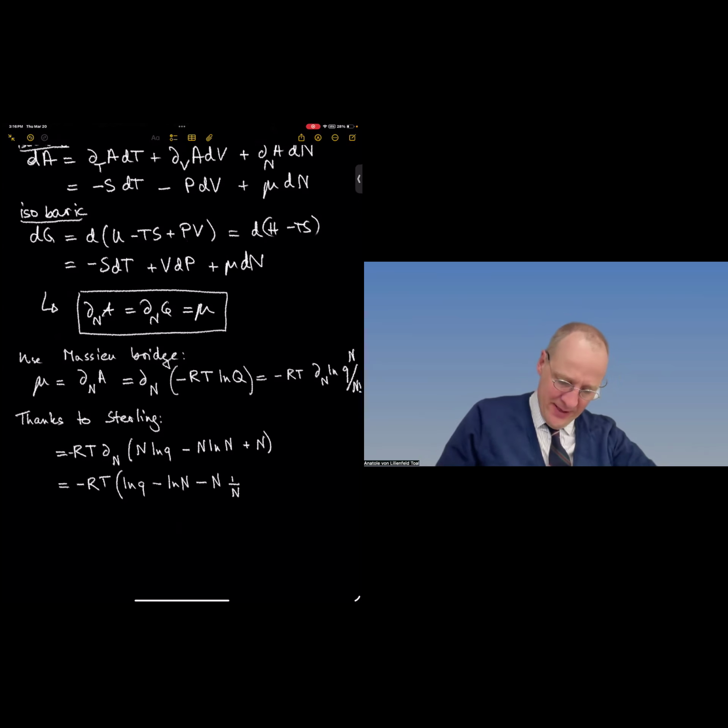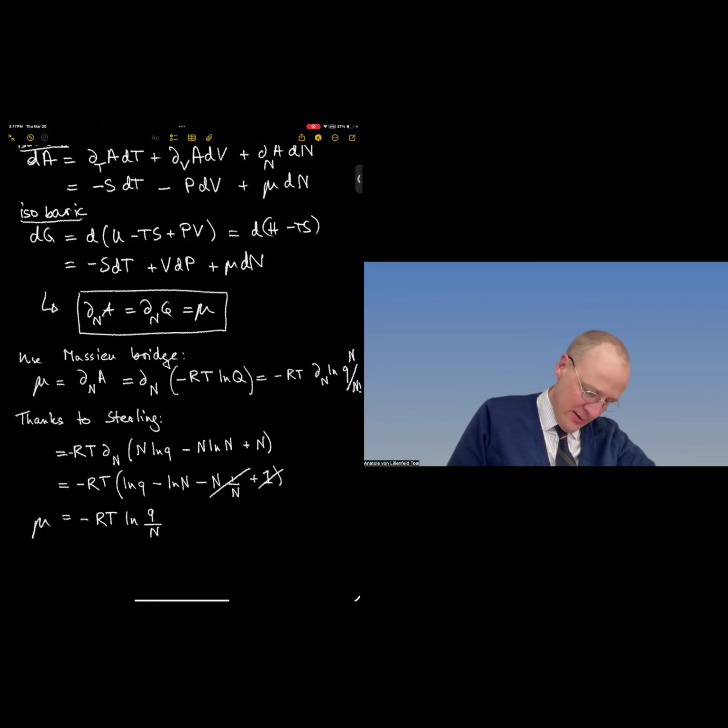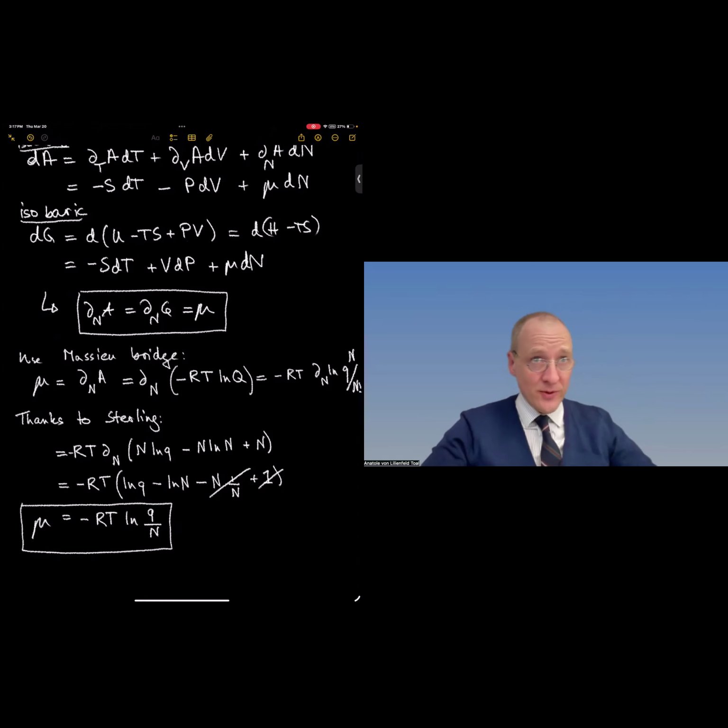And then at the end, I have n differentiated, I get 1. Okay. Now here's minus n over n plus 1. That cancels. And so you see we have minus RT logarithm Q over N. This is a chemical potential in terms of the partition function.